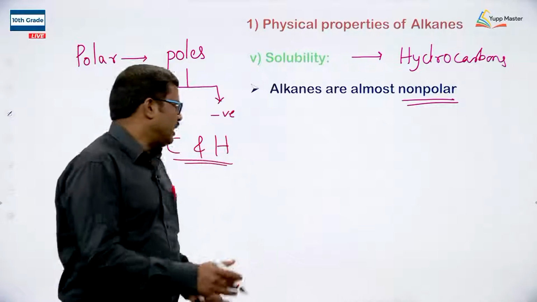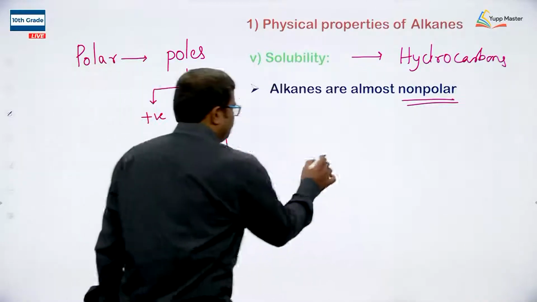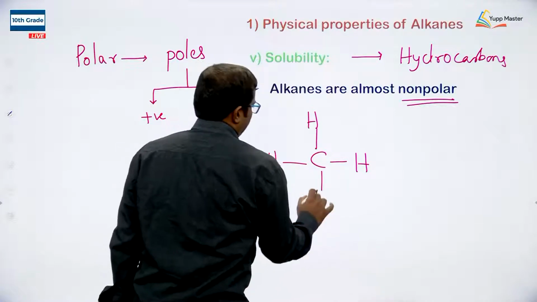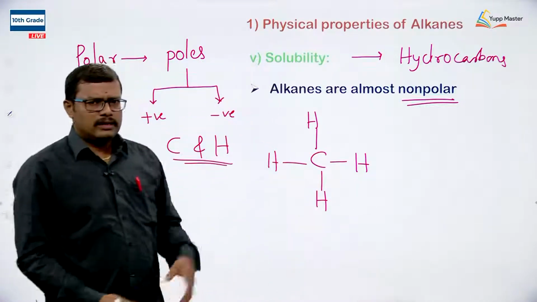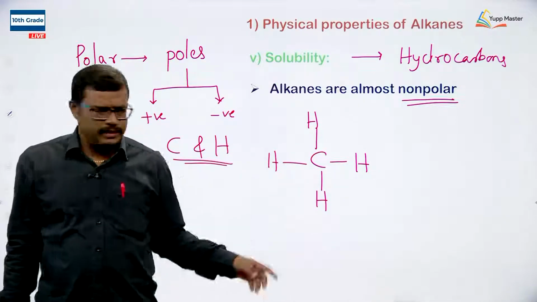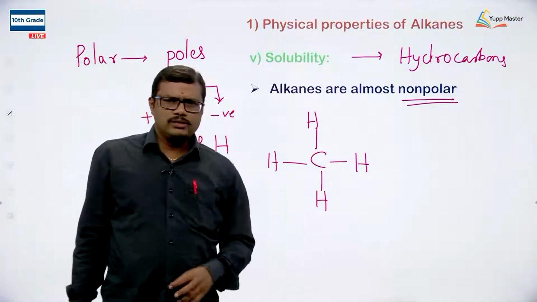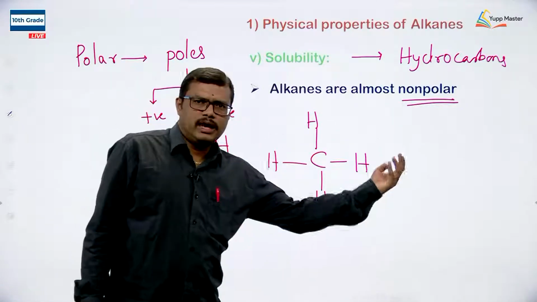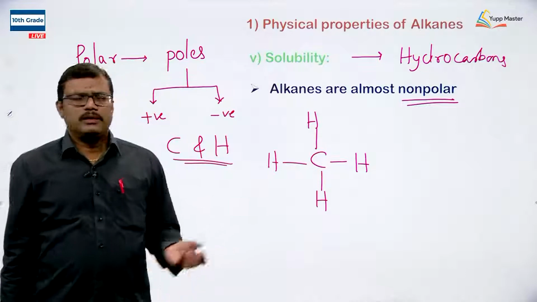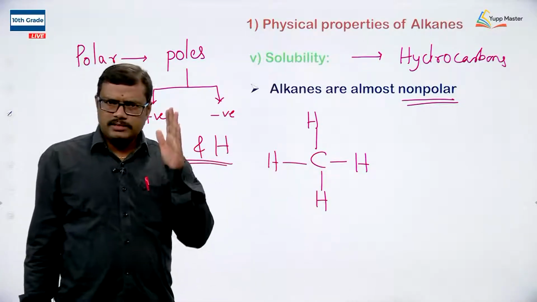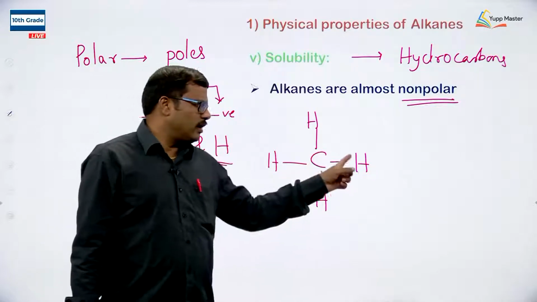For example, when I write the molecule methane this way, carbon with 4 hydrogens, the electronegativity of hydrogen and carbon are approximately the same. So, the bonded pair of electrons will not move more towards the carbon or more towards the hydrogen. The bonded pair of electrons is present exactly at the center position between carbon and hydrogen.